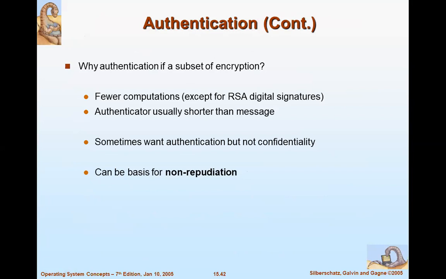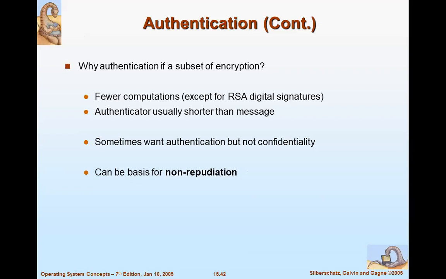So here, why authentication if it is a subset of encryption? Then here you can see that there are fewer computations involved over here. Authenticator is very important to ensure that the user is the same as he claims and he is providing the correct information. Sometimes one wants authentication but not confidentiality.